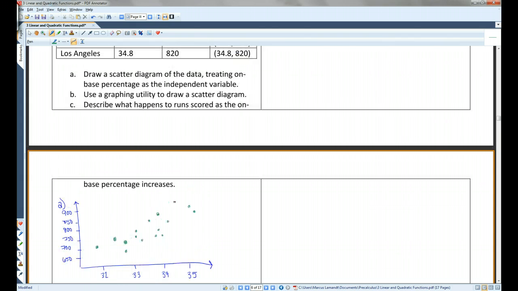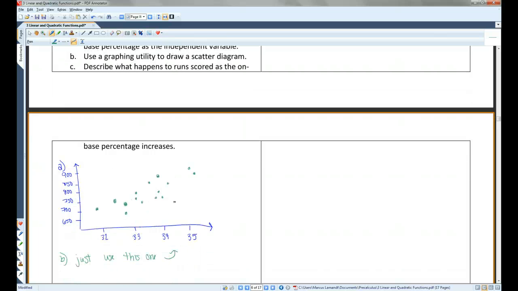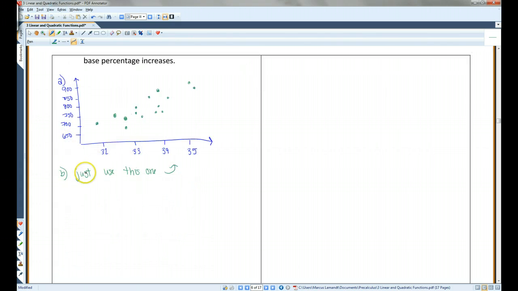Okay. Part C, describe what happens to runs scored as on-base percentage increases. Basically, we see from the scatter diagram that as the on-base percentage increases, the trend is that the number of runs scored also increases. There is a positive correlation here. It's increasing. So I'll just write that down.